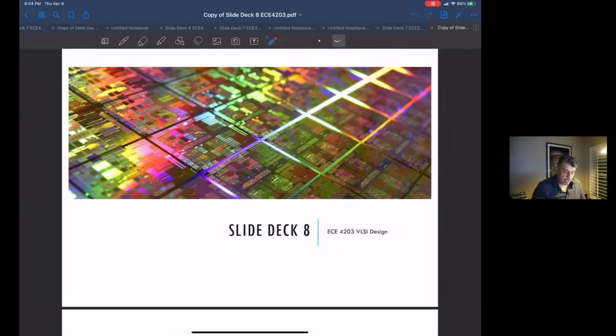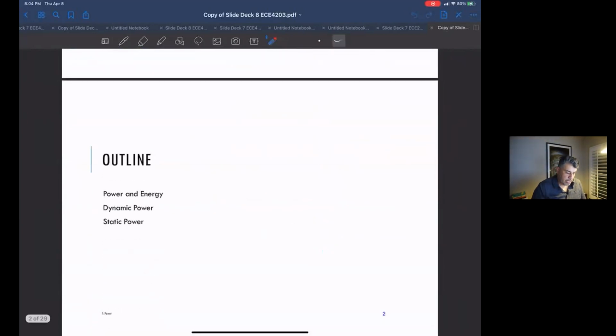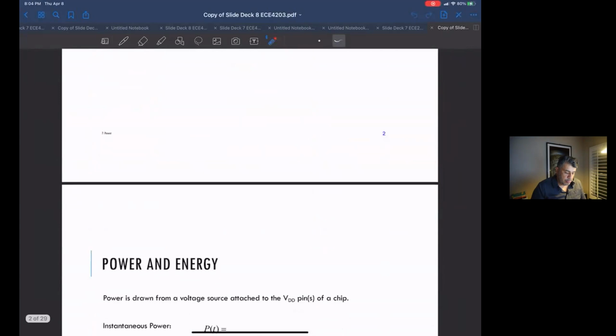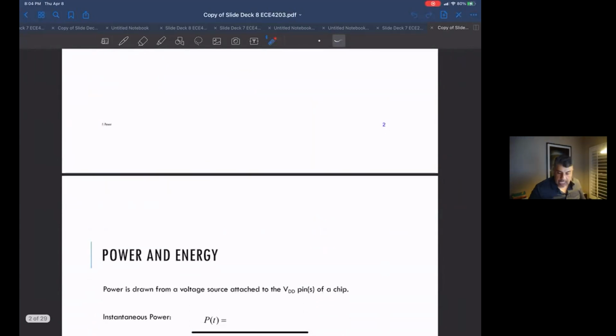And now we're talking about power consumption. Before we talk about that, we have to do some things to make the calculations a little bit easier, as you guys will see.